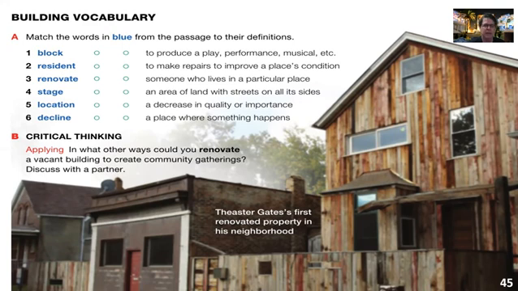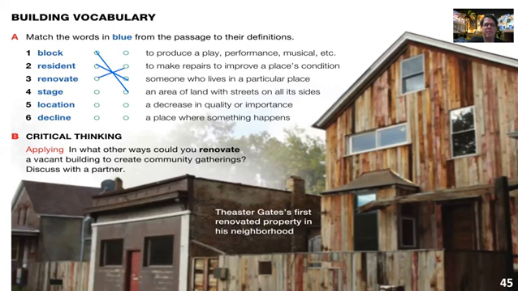Block. 1 block, 2 blocks away, 3 blocks away. A block is an area of land with streets on all sides. A resident is someone who lives in a particular area. Renovate.